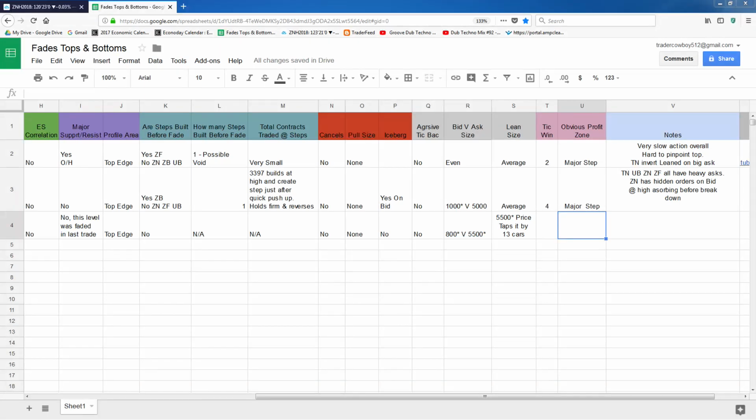And I'm gonna save it as Fade 3. There we go. I know you can't see this, but it's cool. Bring this back over here, and let me zoom back in.